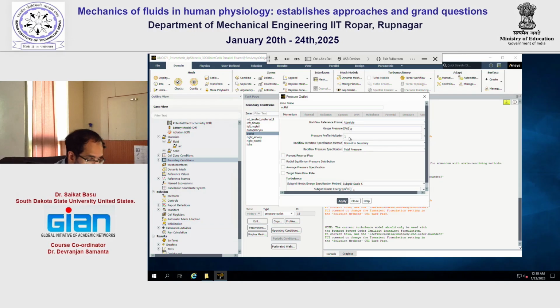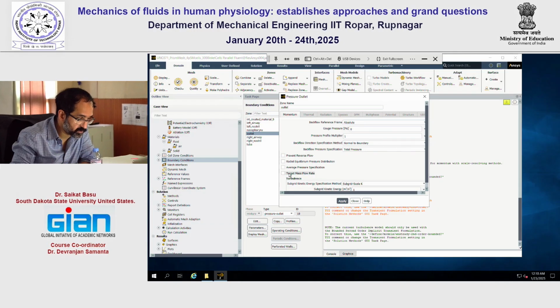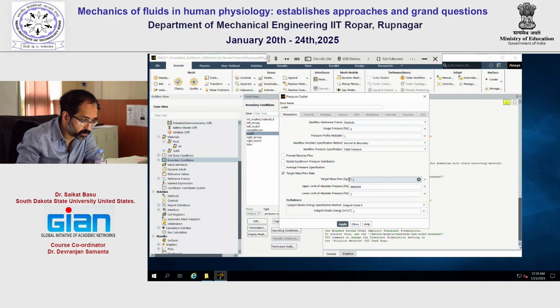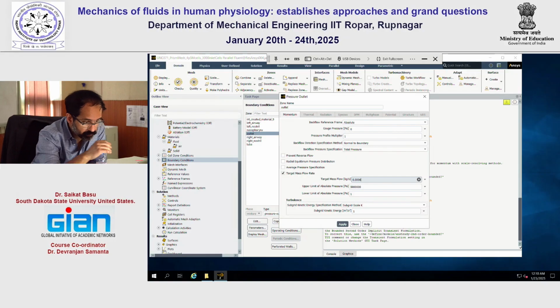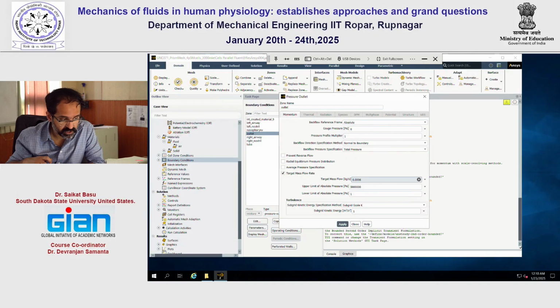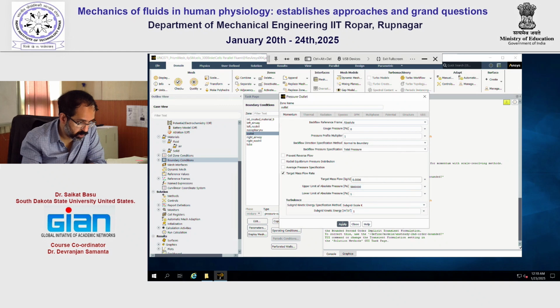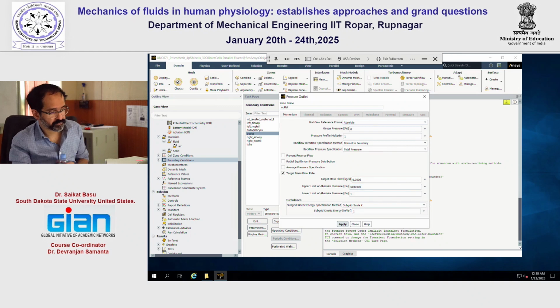So we can set that thing up over here under the targeted mass flow. So 0.000, how many zeros? 3 zeros. So 6. So this is where you change when you are trying to simulate a different flow rate. Then you press apply over here.